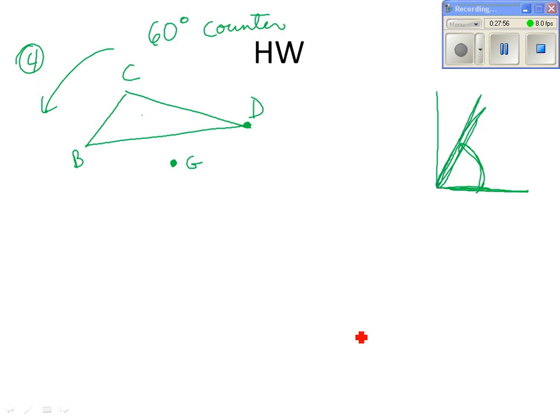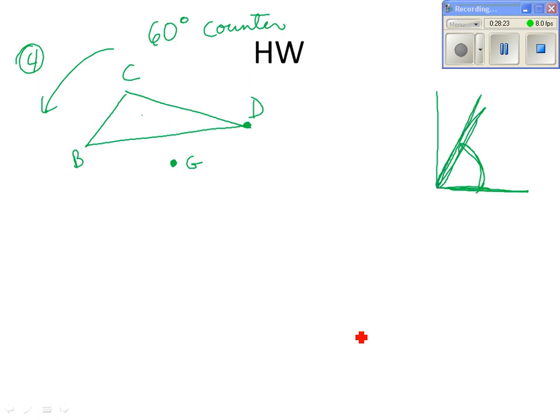Should have measured as I was doing it. Our ruler's on the wrong end. About that far. So we go up here about that far. That's D prime. Now I know you said all these lines are confusing, right? But I'm going to erase them here in a minute.